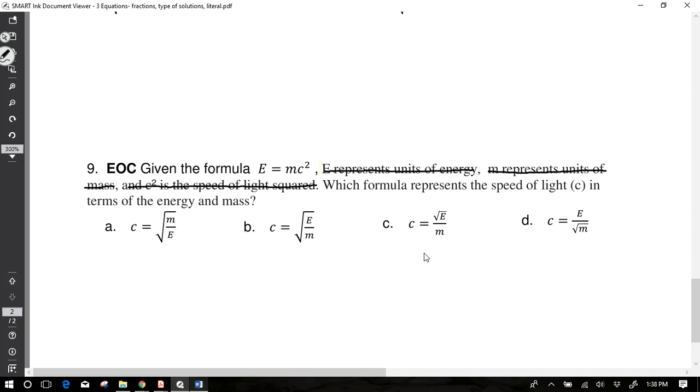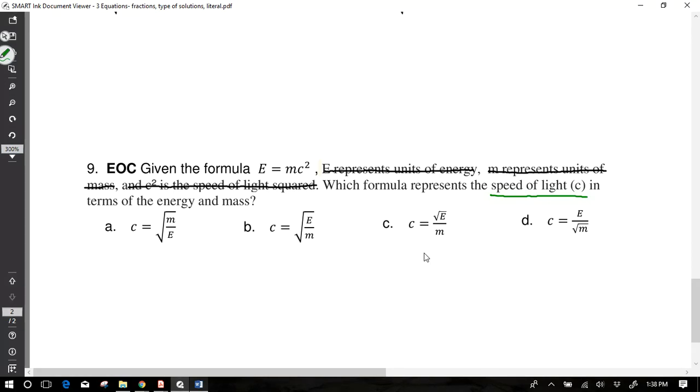If we were using this formula to plug in numbers and to find values, we would care what these letters represented. But we need to really focus on the question. Which formula represents the speed of light c in terms of mass and energy?